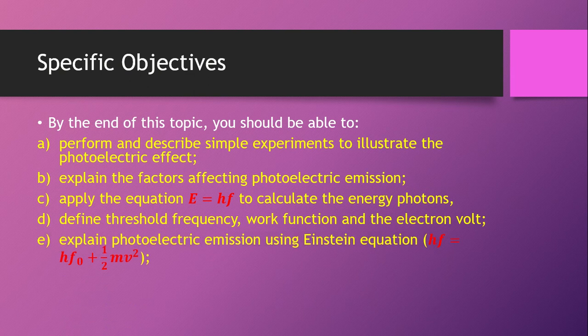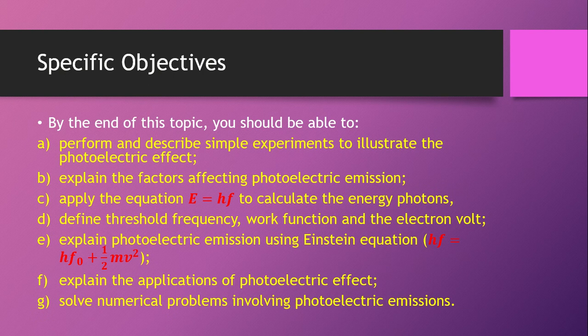Einstein's equation shall come in the next tutorial, and you should also be able to explain the applications of the photoelectric effect as the final part of this topic. Solving numerical problems shall be the backbone of this topic. We know that physics and mathematics share very many things in common, so the numerical problems shall always be there.